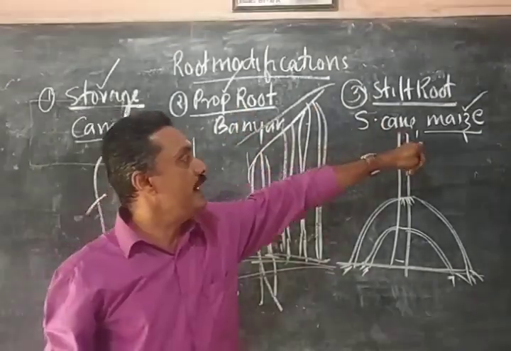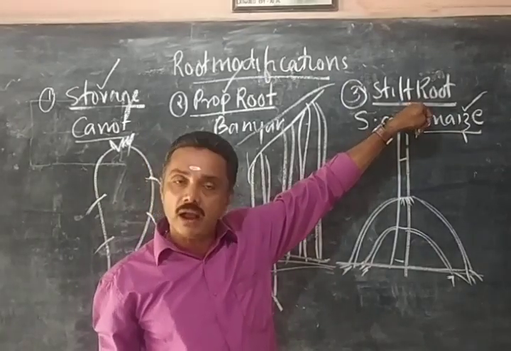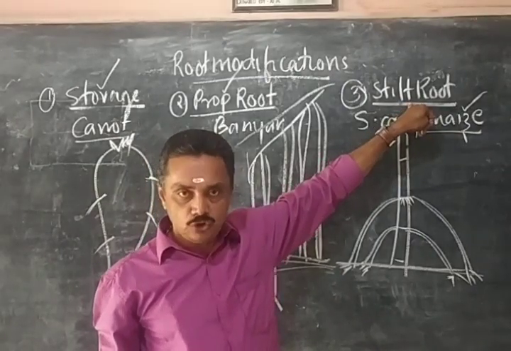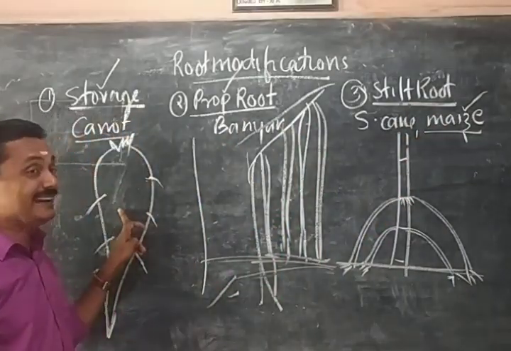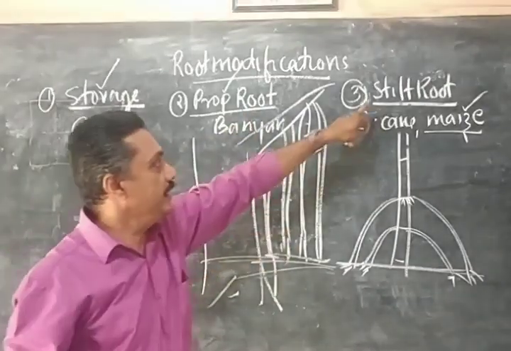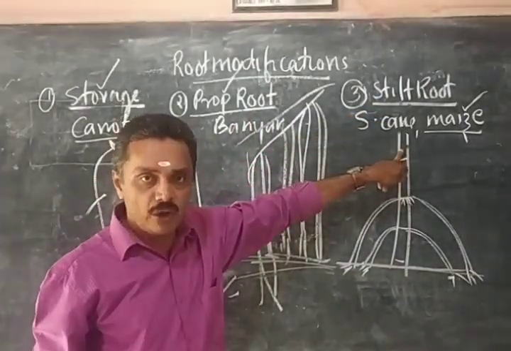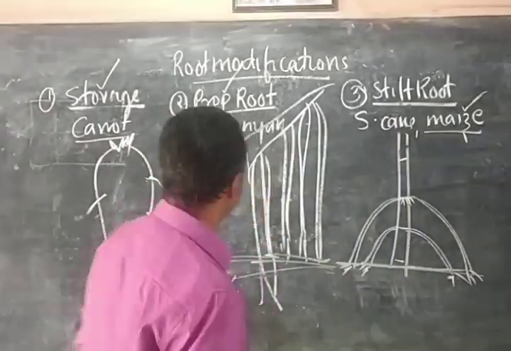In maize or sugarcane, it is called stilt root. So, first type, storage in plants like carrot; in banyan tree, supporting prop root; in sugarcane, stilt root for mechanical support.